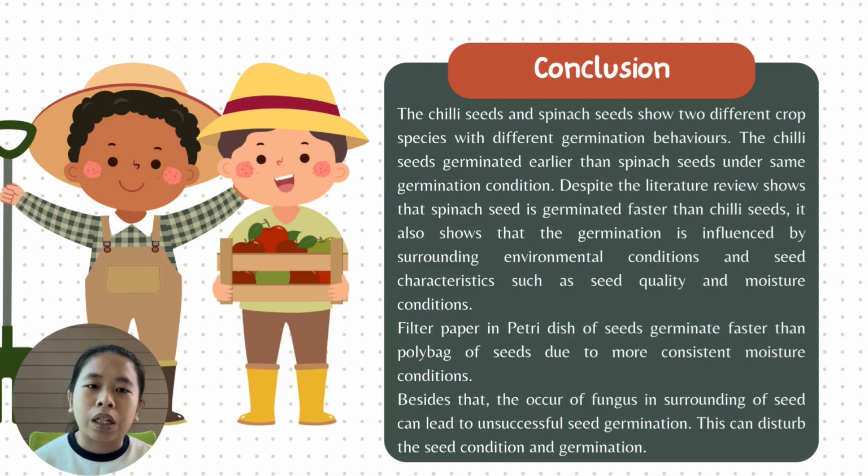It also shows that germination is influenced by surrounding environmental conditions and seed characteristics such as seed quality and moisture conditions. Filter paper in a petri dish germinates seeds faster than a polybag due to more consistent moisture conditions. Besides that, the occurrence of fungus around the seed can lead to unsuccessful seed germination. This can disturb the seed condition and germination.